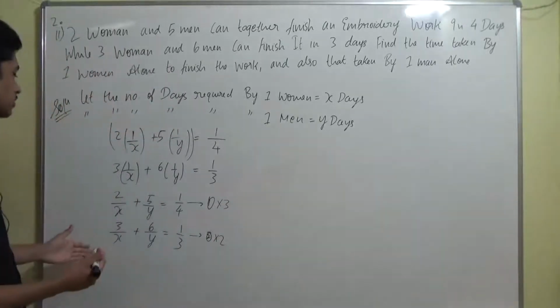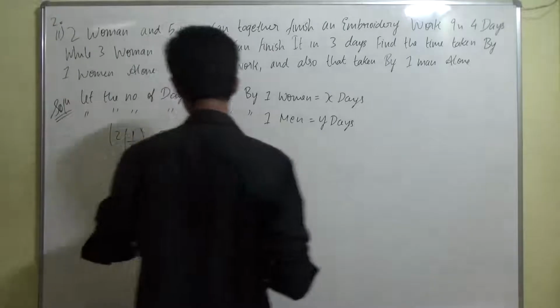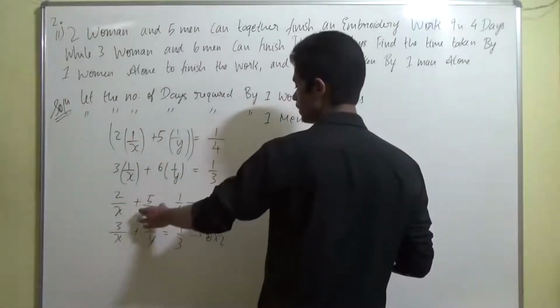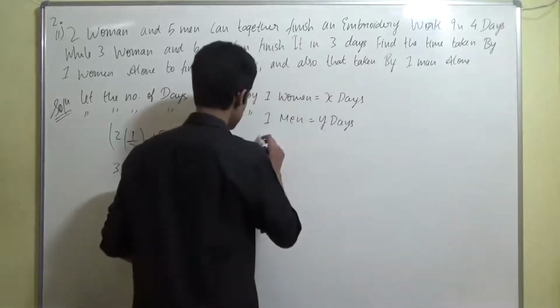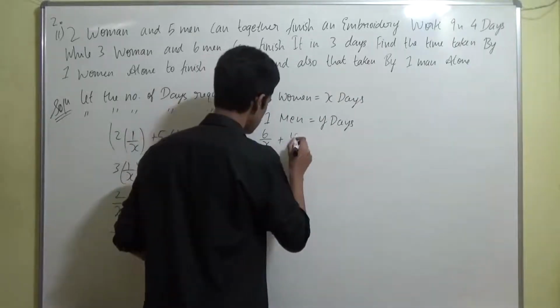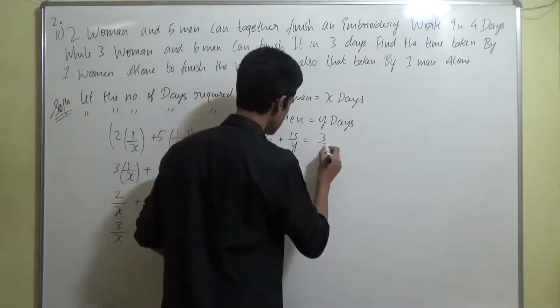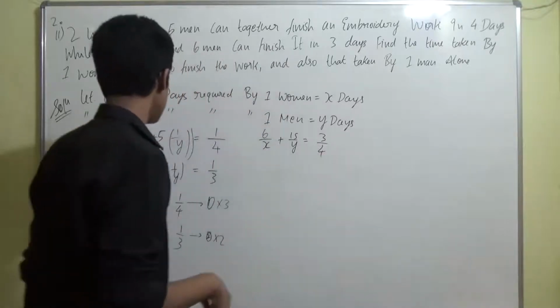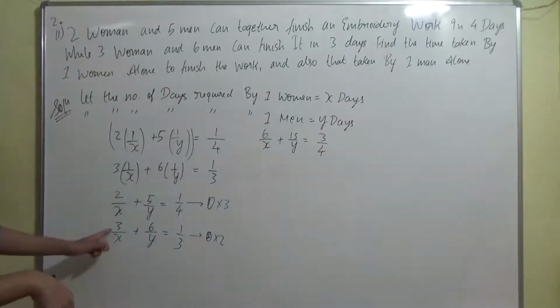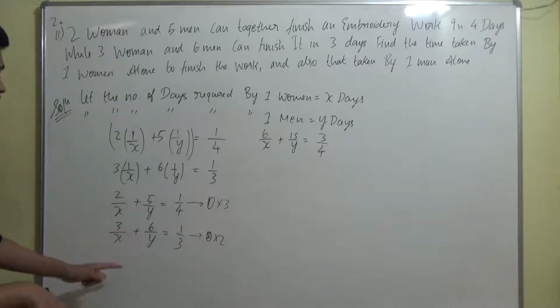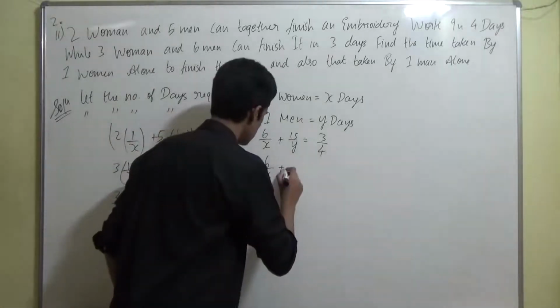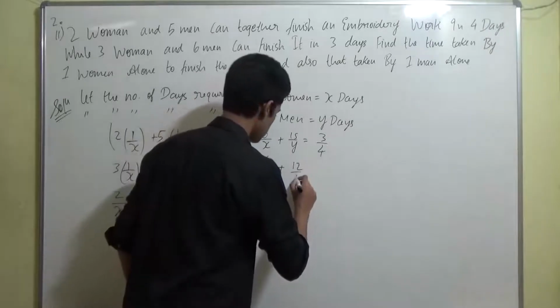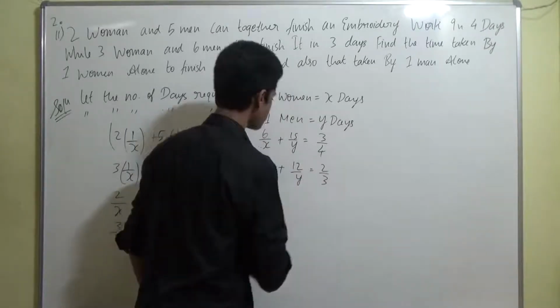So this becomes 6 by x plus 15 by y equal to 3 by 4. Getting it guys, how we came to this equation? And this becomes 6 by x plus 12 by y equal to 2 by 3.